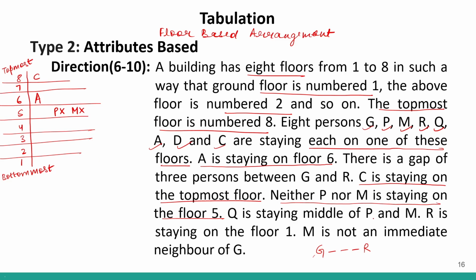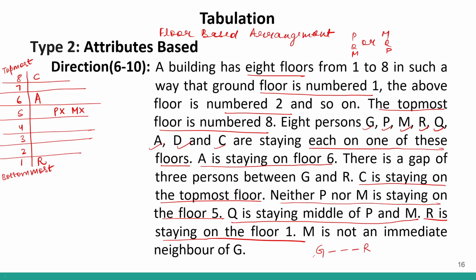Q is staying in the middle of P and M. That means two possibilities. We have either PQM or MQP, because no other information is given to us. R is staying on floor 1.